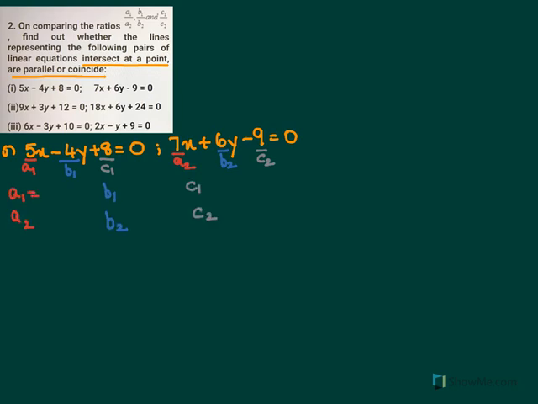Here we see that our a1 is 5 and our a2, the coefficient of x, is 7. b1, the coefficient of y, is minus 4, and b2 is plus 6. c1 is plus 8, and c2 is minus 9.